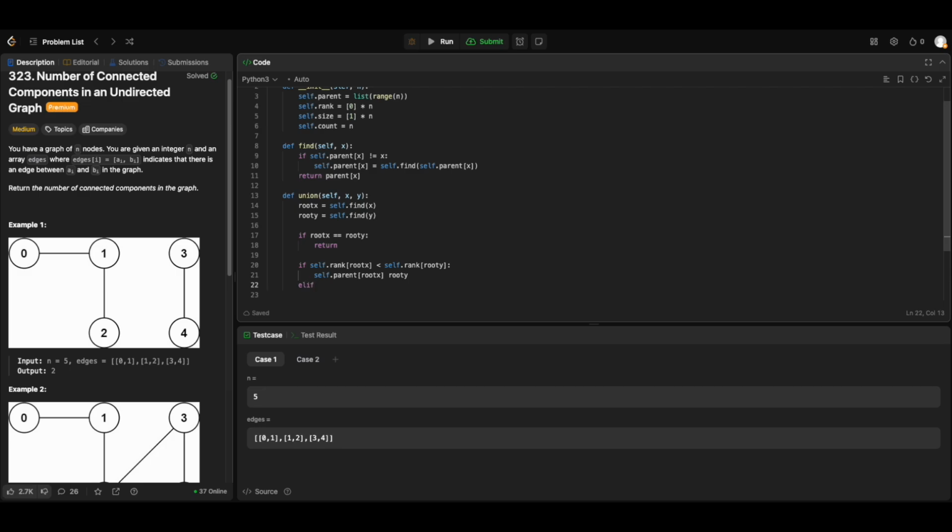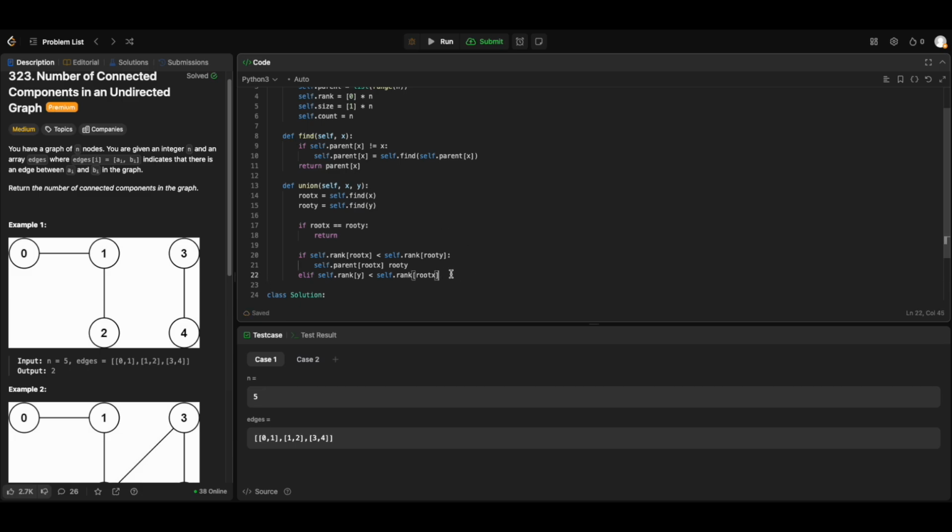Else, say the other way around: if the rank of y is less than the rank of x, then the parent of root y equals root x.